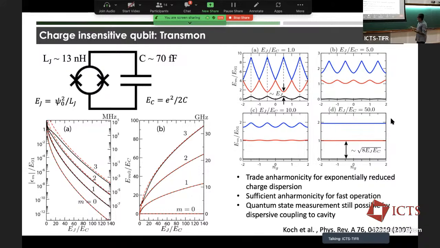And again, quantum state measurement was still possible, right? So you went from this charge sensitive device, which had a difference in the charge between the states and used a charge sensor to detect, to something which goes to a sweet spot with no charge signal, but you use an orthogonal axis to measure. I remember because this happened next door to my lab in the group of Rob Schoelkopf.